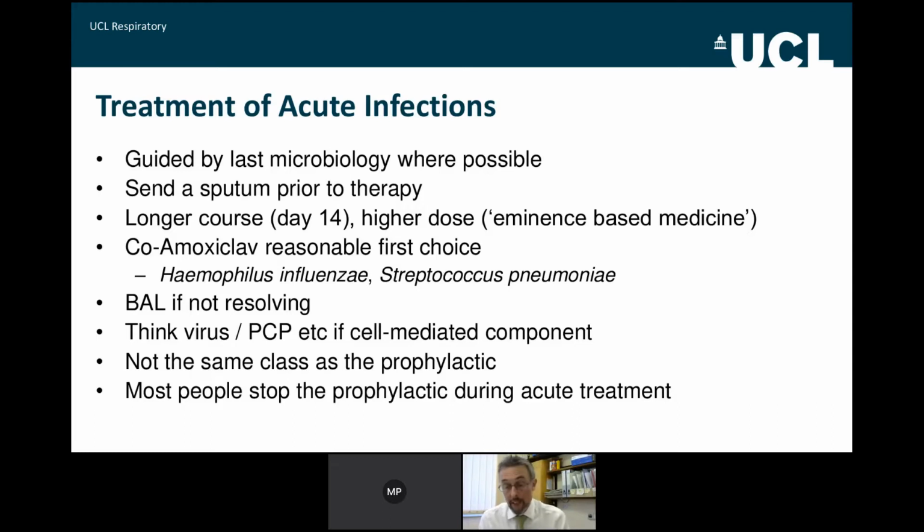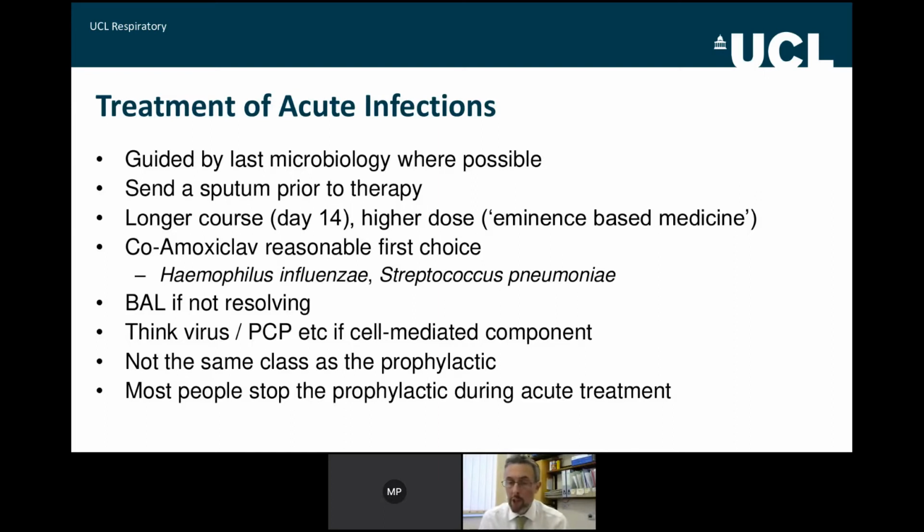If someone's on prophylactic antibiotics, then it's good practice, of course, not to use the same class of medicine to treat an acute infection as you were trying to prevent with the prophylaxis. And again, most people would stop the prophylaxis during the acute treatment, restarting it again once that treatment has been completed.